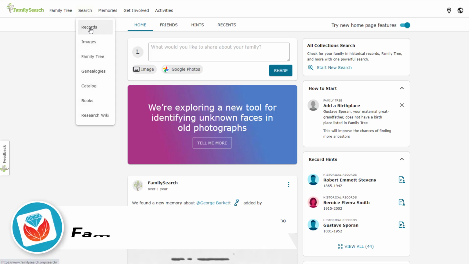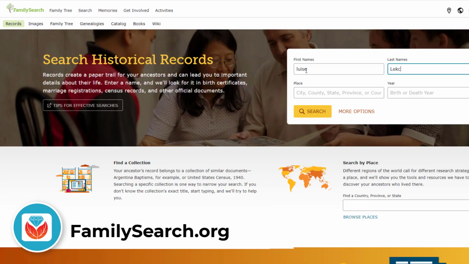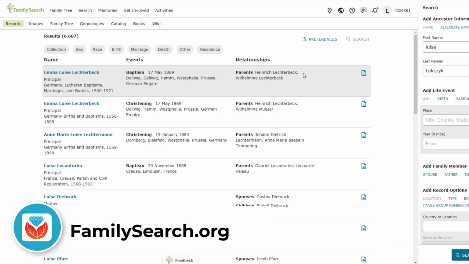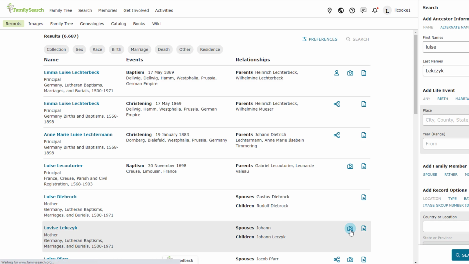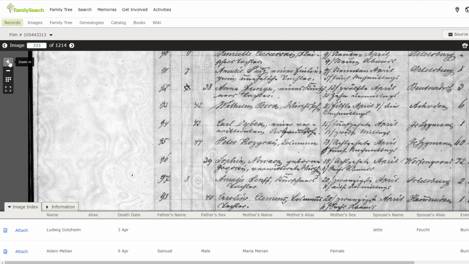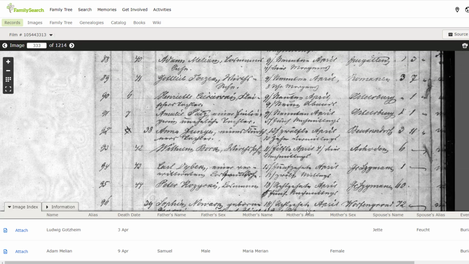So while you may have a paid subscription to something like Ancestry or MyHeritage, if there's anything that you're questionable on, or you didn't actually see the original document from one of those paid websites, head to FamilySearch.org, do a search, and see if they happen to have digitized images for that record. There's a good chance they might, and it's worth taking a look.